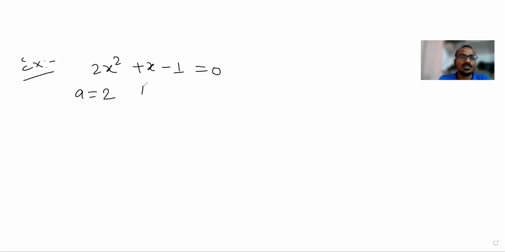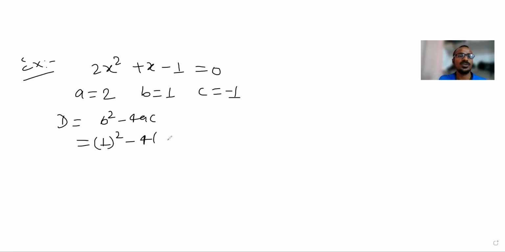Okay, we are taking another illustration. 2x square plus x minus 1 is equal to 0. What is the value of a here? 2. Value of b is 1, value of c is minus 1. First of all, we calculate the discriminant, b square minus 4ac. 1 square minus 4 into 2 into minus 1.